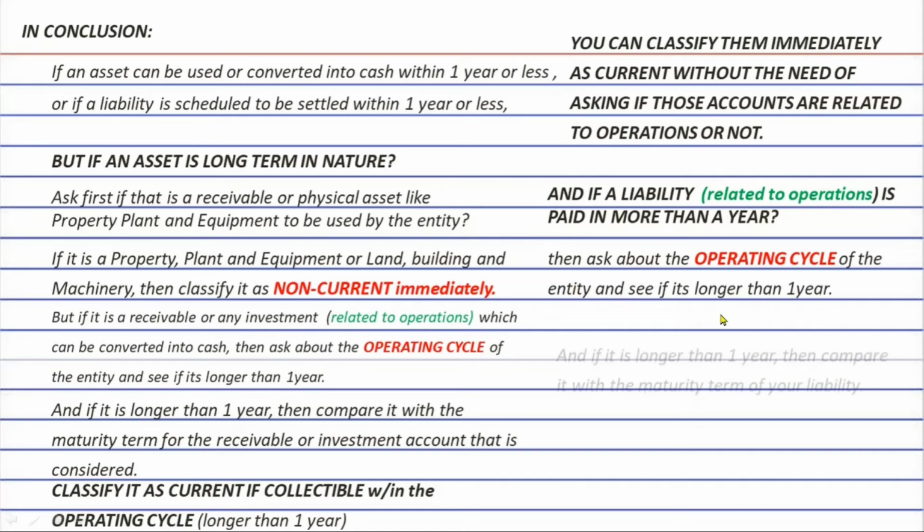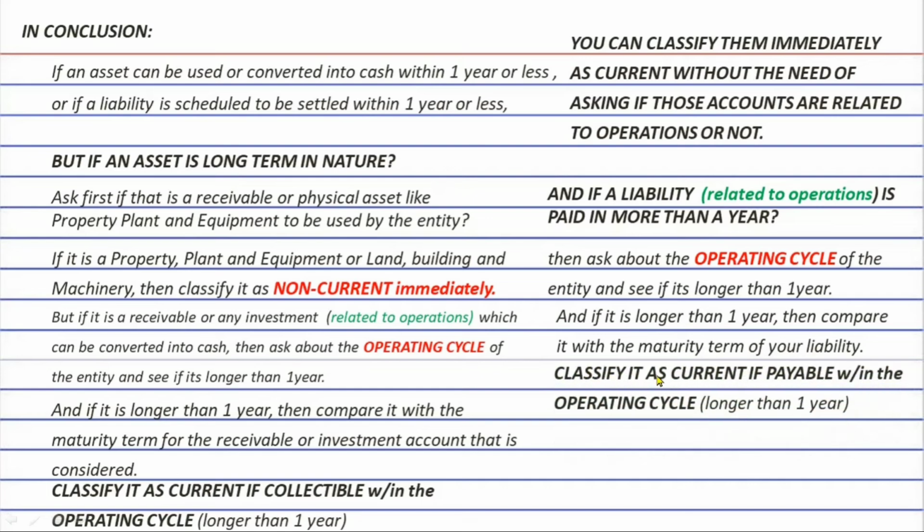If it is longer than 1 year, then compare it with the maturity term of your liability, and classify it as current if the payable is to be settled within the operating cycle, which should again be longer than 1 year. So again, the operating cycle should be longer than 1 year. All others that can't be classified as current, you classify as non-current.